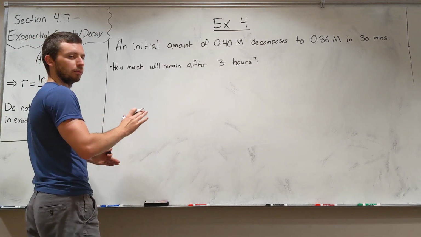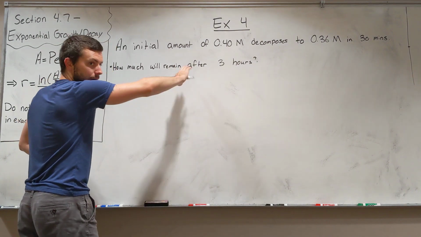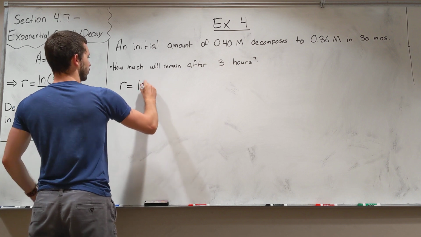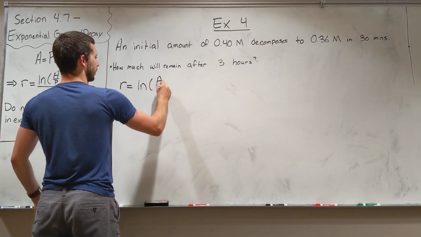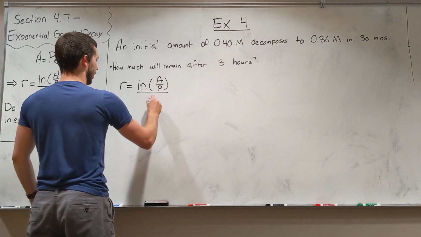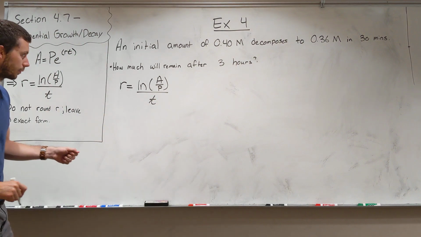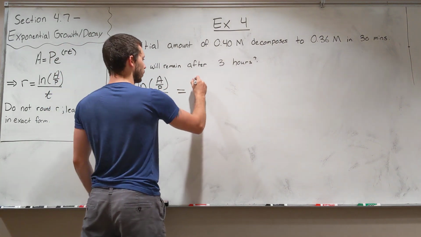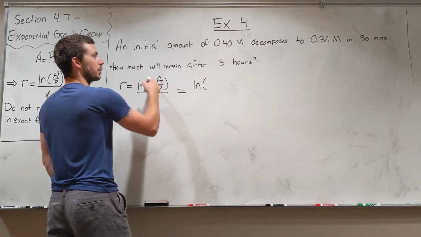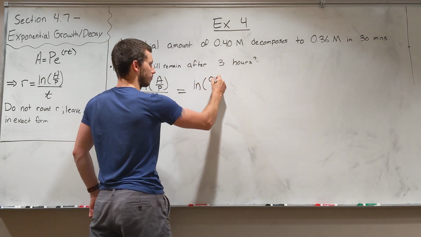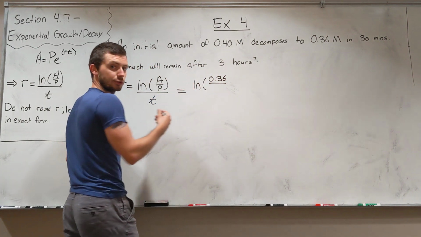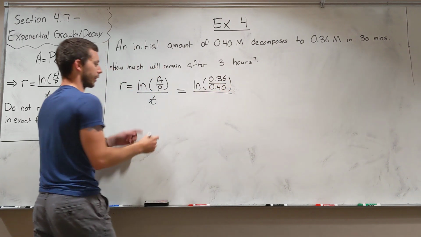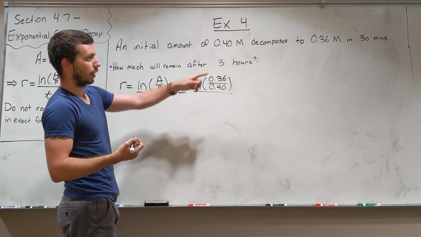So let's go ahead and do that first before we even look at the problem in particular. Remember, the rate is found by the natural log of the final amount divided by the initial amount, and all of that divided by whatever the amount of time is. Well, we do have a final and initial amount that we can use. The final amount is the 0.36, and the initial amount is the 0.40, and all of that will be divided by t, and we'll use 30.